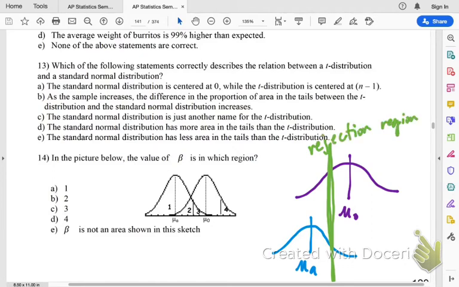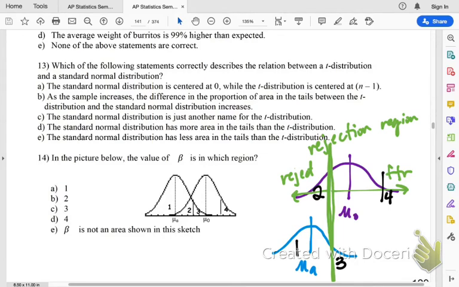Anything here to the left, I would reject. And then anything to the right, I would fail to reject. So we have our areas for, this would be 2, this would be 3, and then this would be 1.